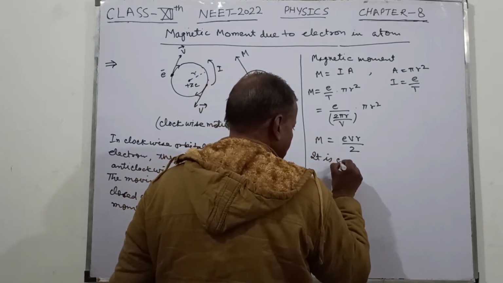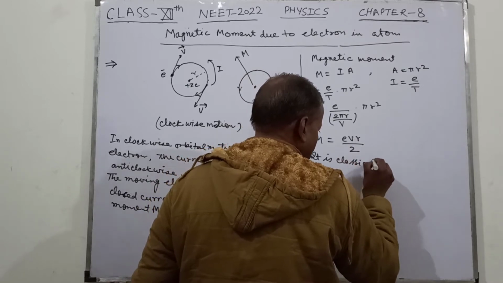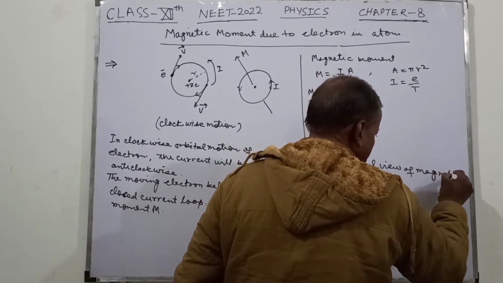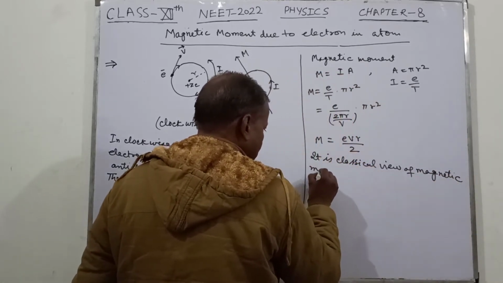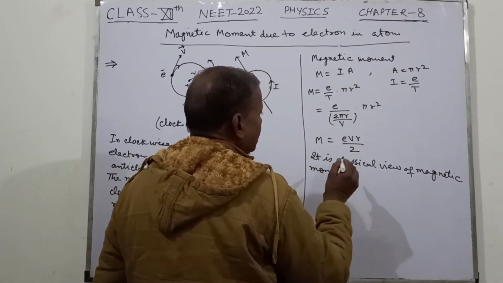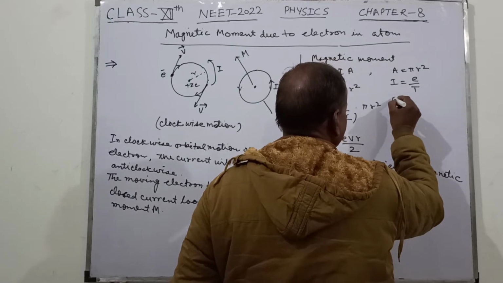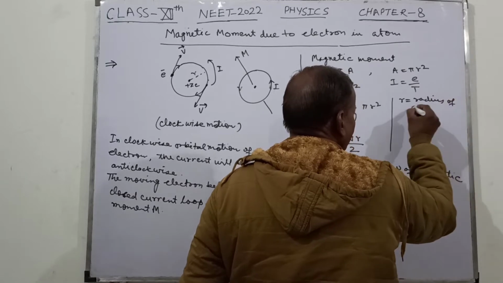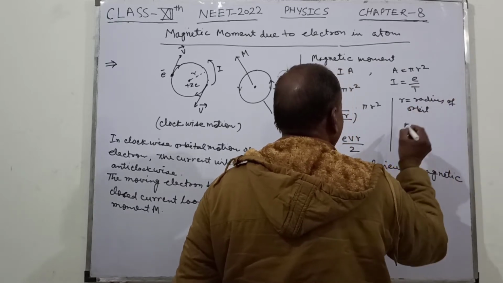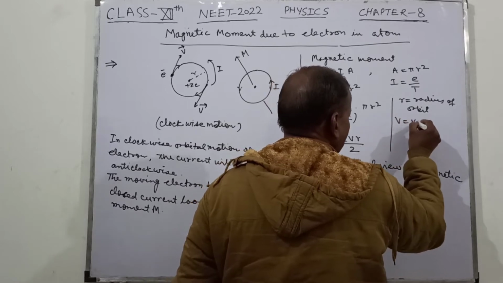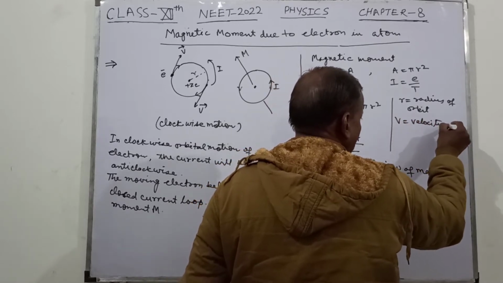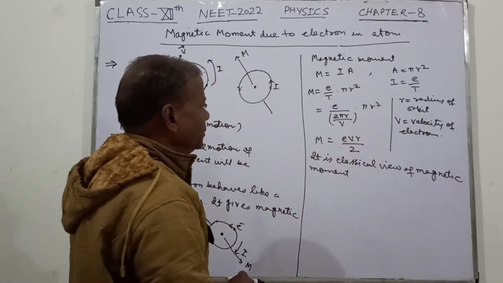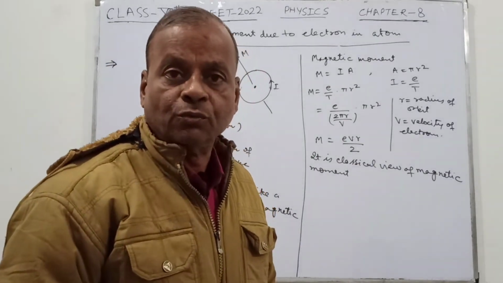Here r is the radius of the orbit and v is the velocity of the electron. But quantum mechanically this is not so.